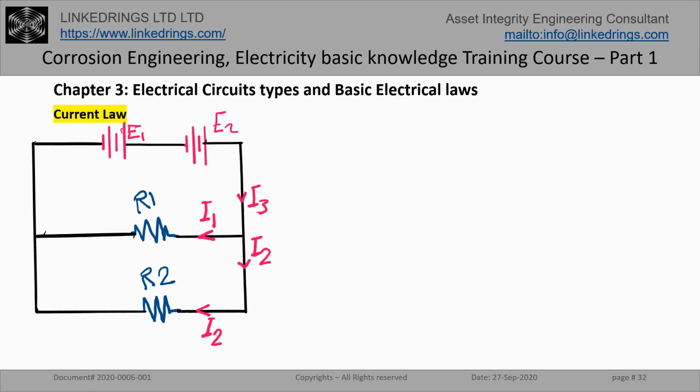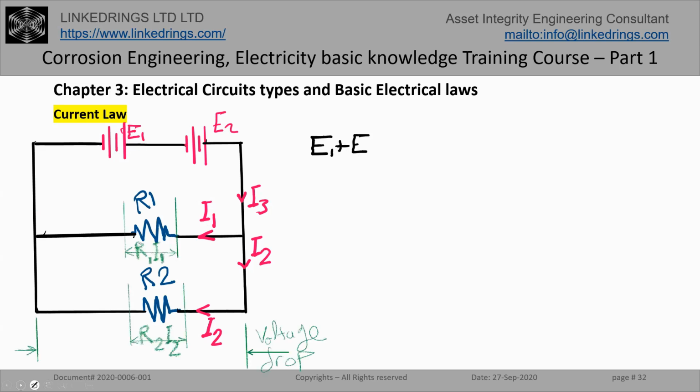If we apply Kirchhoff law around this closed loop circuit, the voltage source E1 plus E2 equals the voltage drop. So the voltage drop will be I1 times R1, as I am looking at this closed loop electrical circuit.